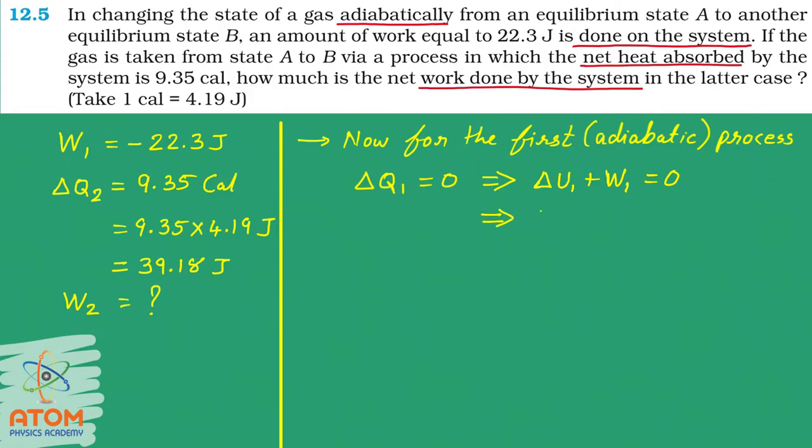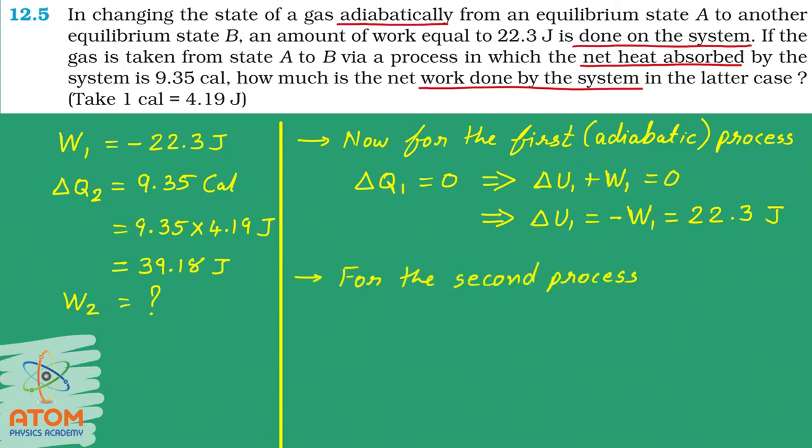That means here delta U1 will be equal to minus W1, but W1 itself is minus 22.3, so it will become plus 22.3 joule. So we are getting here change of internal energy, that is delta U1, equal to 22.3 joule.